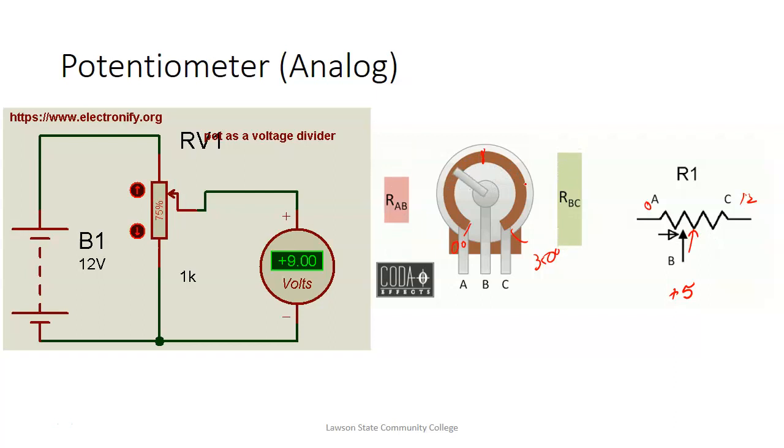So we can use these to sense position, but it's going to be an analog quantity. If I brought this into a computer, I would have to run it through an analog to digital converter, and it's becoming more popular on programmable controllers to have these A to D converters on there.